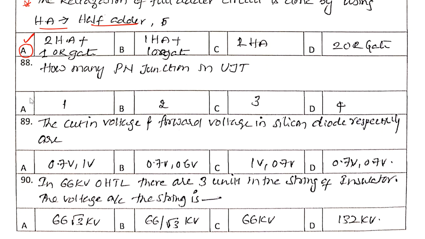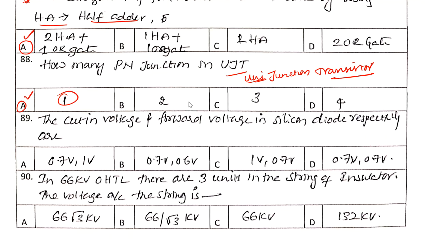How many PN junctions in a UJT? UJT stands for unijunction transistor. As the name itself indicates, unijunction means the answer is one. Next one.